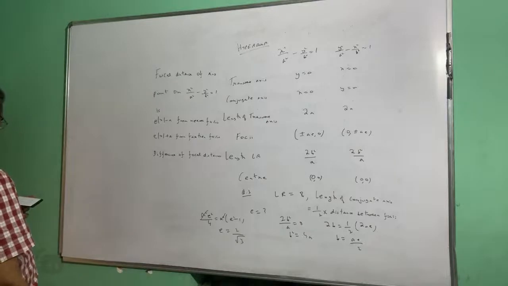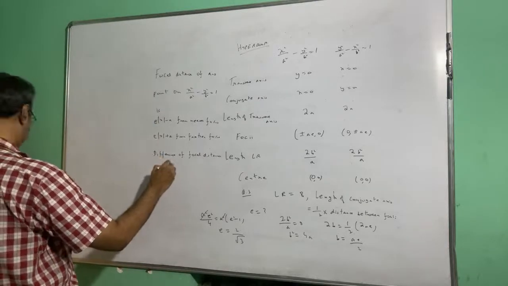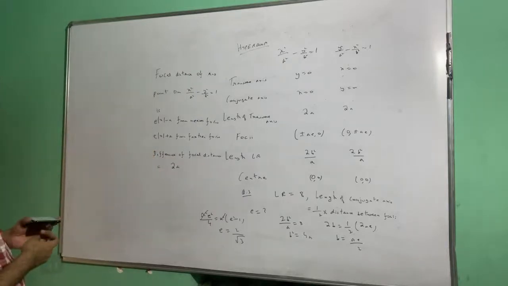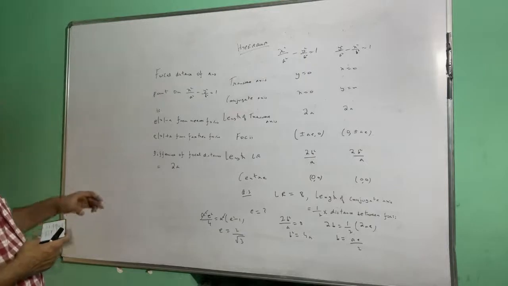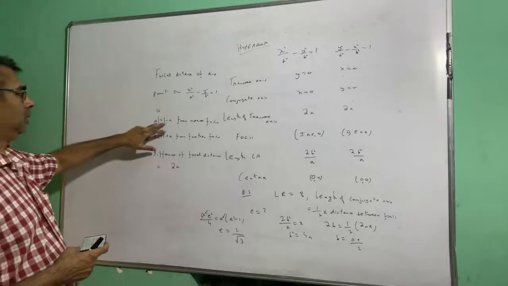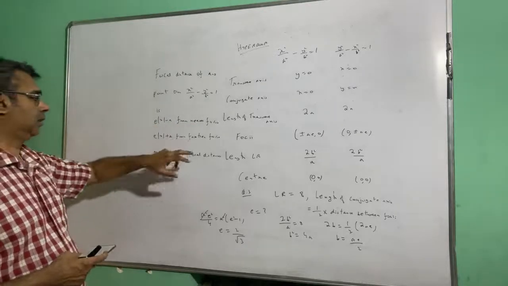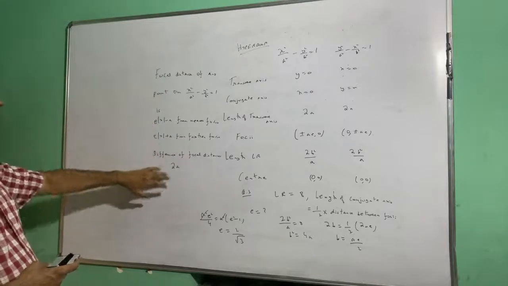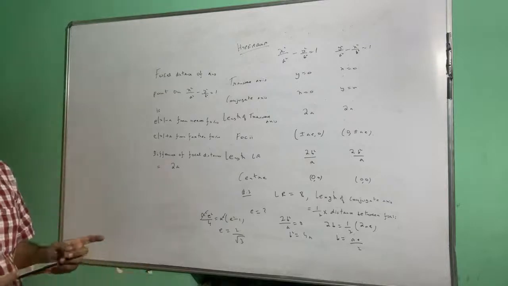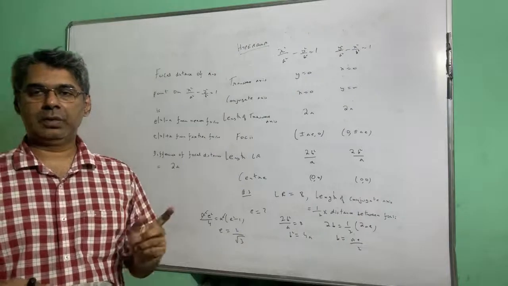So the difference of the focal distances of any point will be the difference between these two, that is 2a. So once again, if you subtract them, the answer is 2a. In ellipse, the sum of the focal distances was 2a. In hyperbola, the difference of focal distances is 2a.